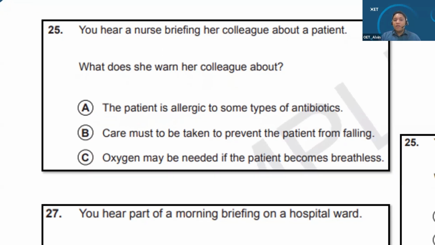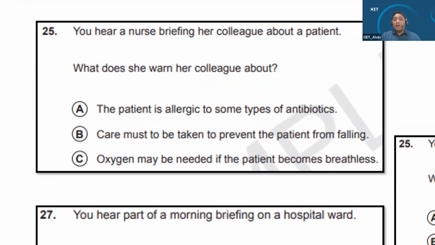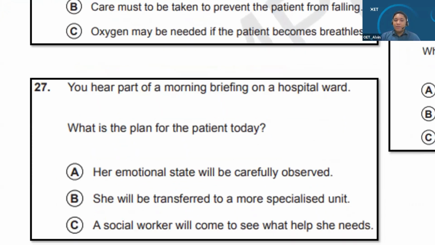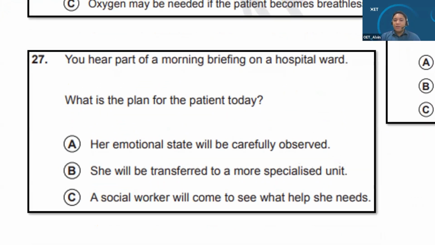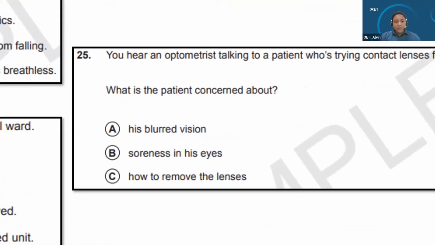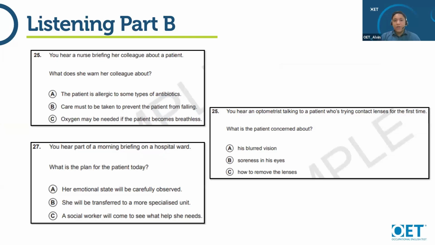So, for example, what does she warn her colleague about? Or the healthcare professional warns her colleague about what? So it could be just a blank. And there are 3 options there, A, B, and C. It's another example, pretty similar. Context, question, options. Context, question, options. Okay. So that's the structure.